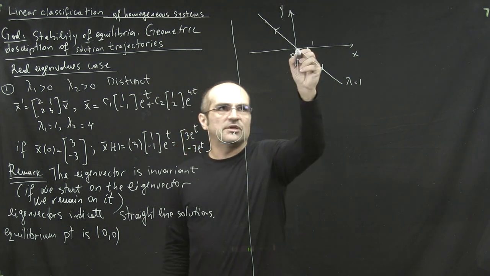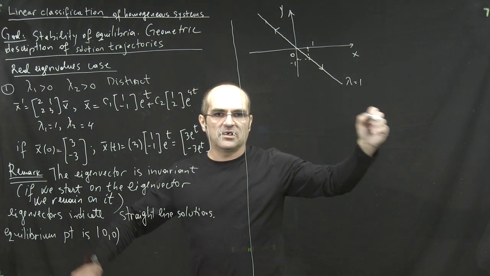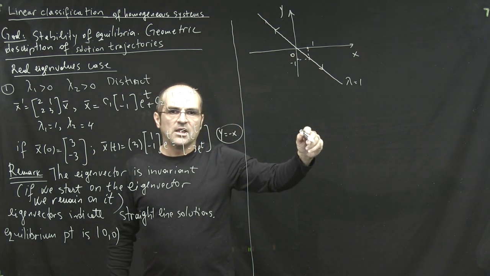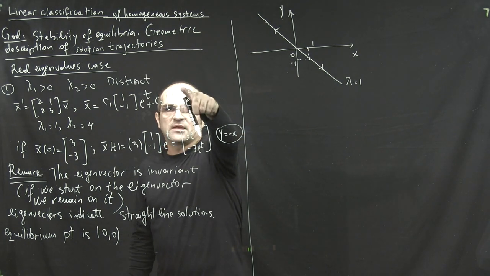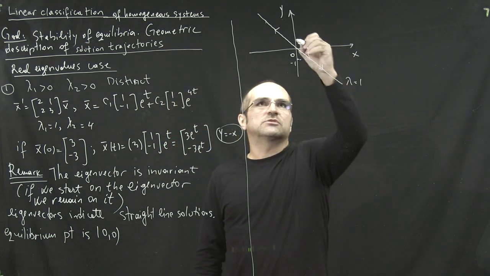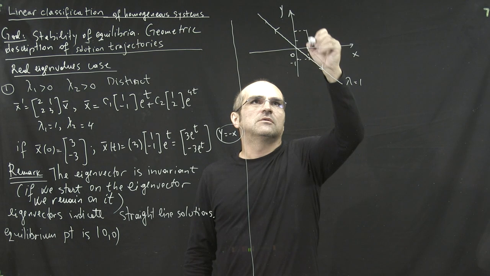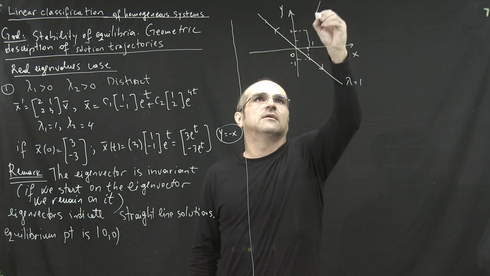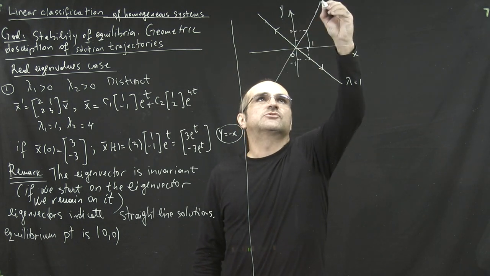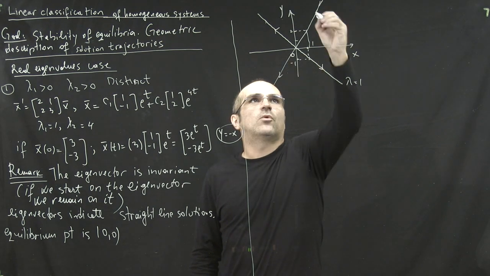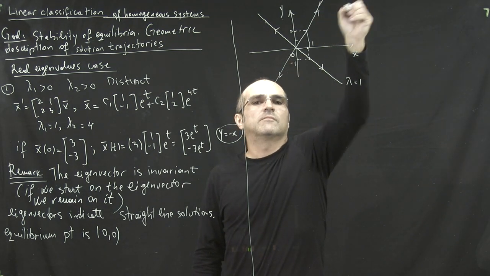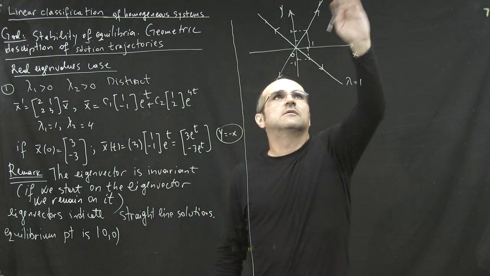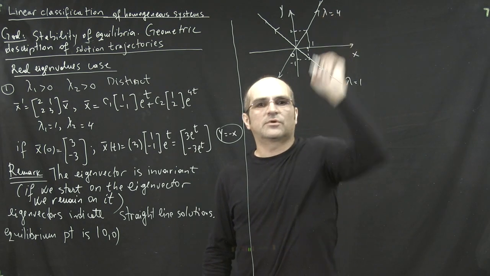If you start on it, you move away from 0 on a straight line. And the other eigenvector is 1 and 2. So x equals 1 and y equals 2 over here. And that corresponds to lambda equals 4.